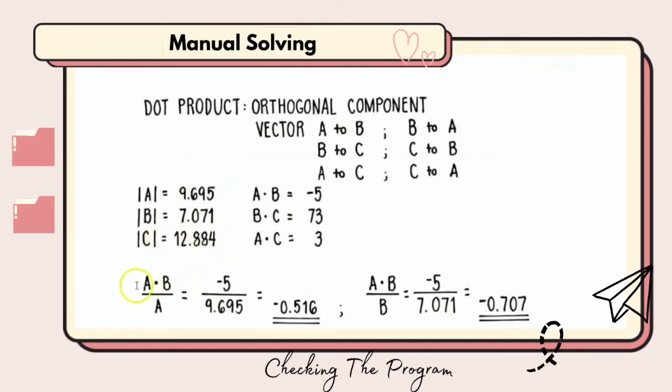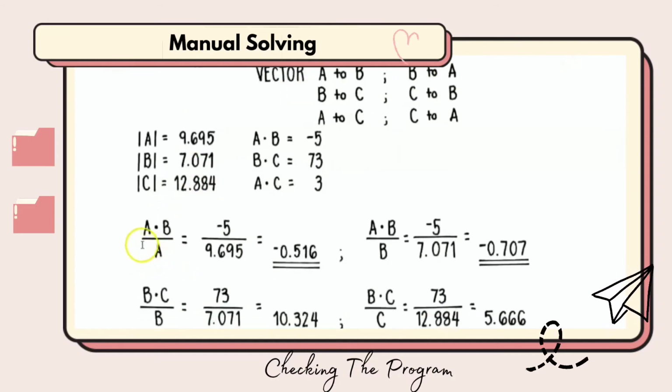The formula for getting the orthogonal component is vector A dot vector B divided by the magnitude of vector A. If we substitute the givens and solve it, it will equal negative 0.516.